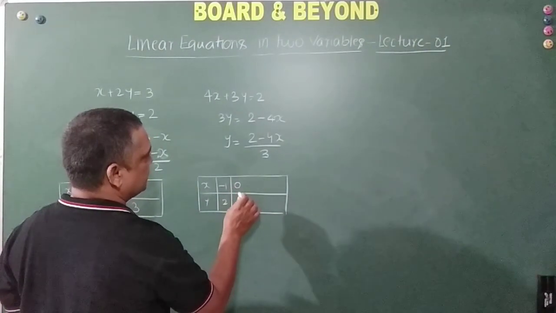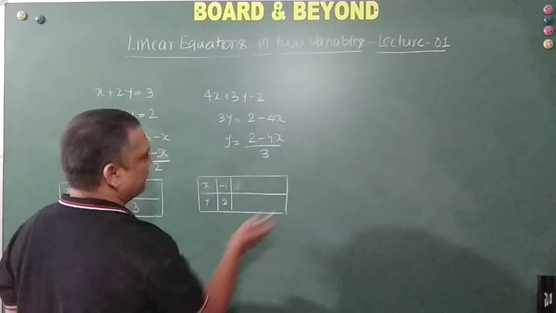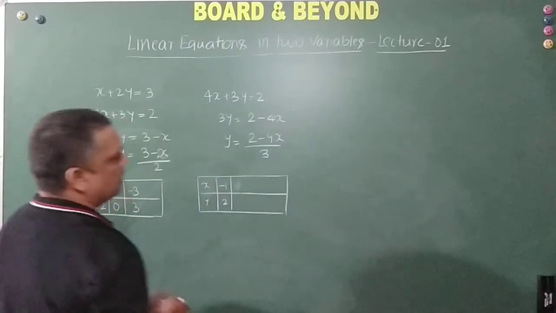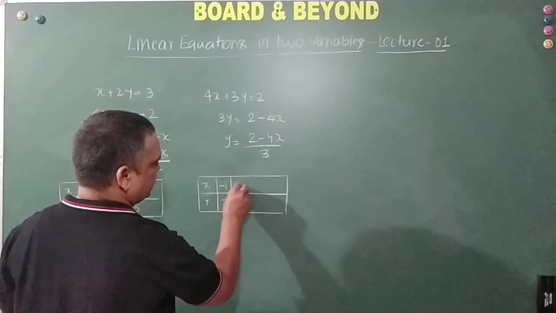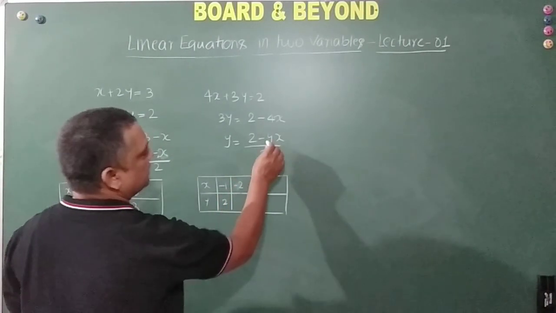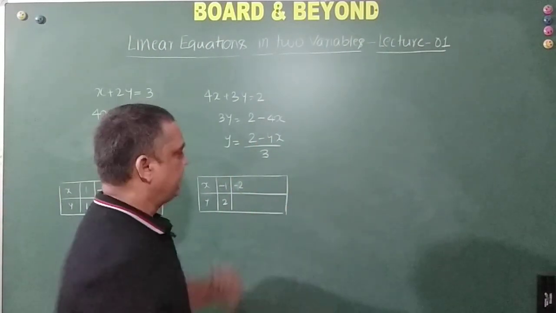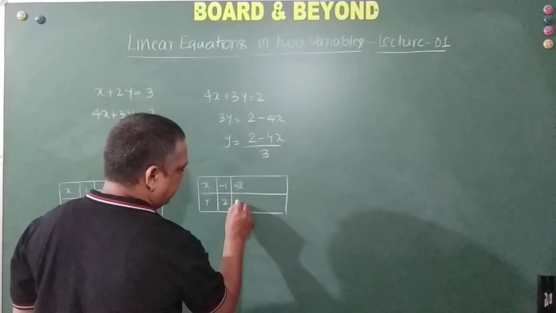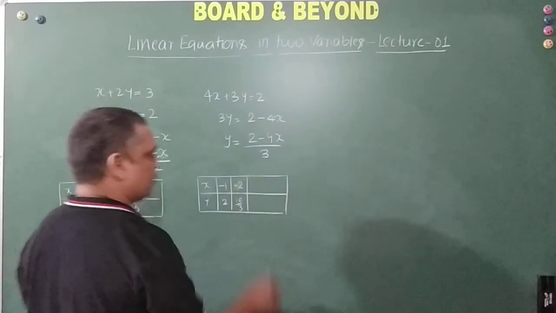Then this becomes 2 by 3, which is a little difficult to plot, although we can do it, that's not a problem. So minus 1 I have taken, let's take minus 2. No problem. So this becomes 2 plus 8, right? 8 by 3, so 10 by 3. Right? No problem. We will plot this.